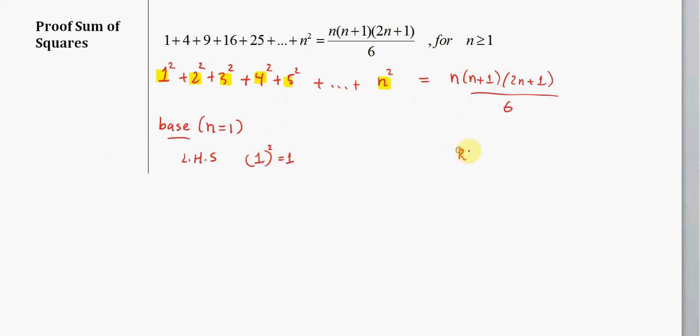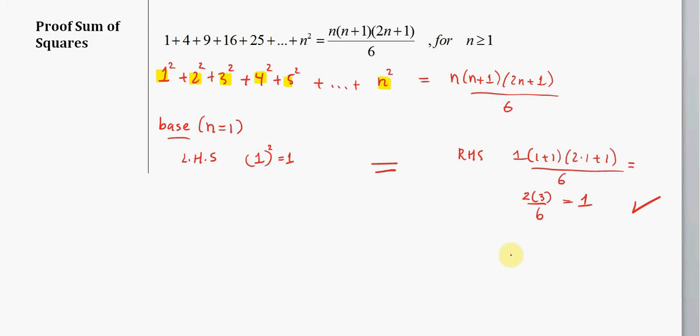On the right-hand side, we have 1 times 1 plus 1 multiplied by 2 times 1 plus 1, all of this over 6, which is equal to 2 times 3 over 6, which is equal to 1. Okay, so once again, the left-hand side and the right-hand side are equal. So we know that this works at least in the base case.